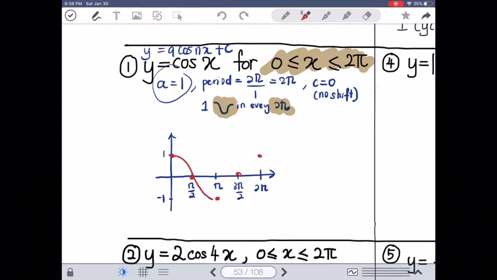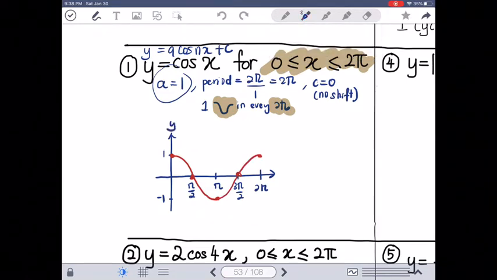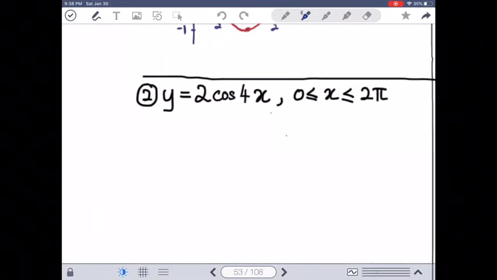The graph will look something like that. This is the y-axis, x-axis. This is the graph of y equals cos x from 0 until 2 pi.